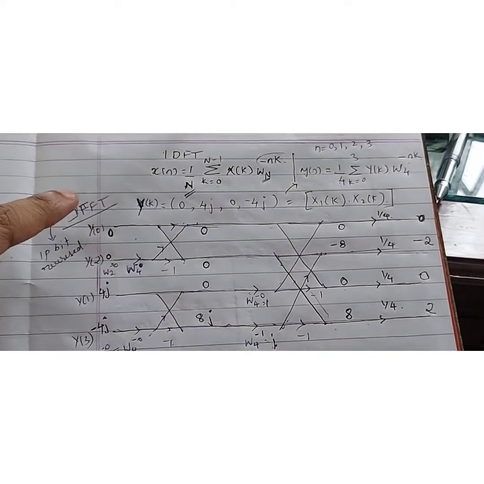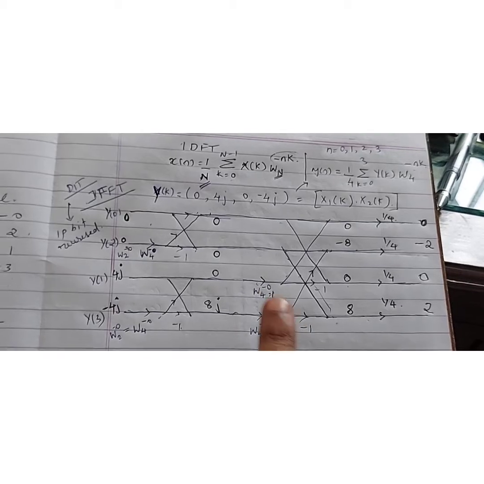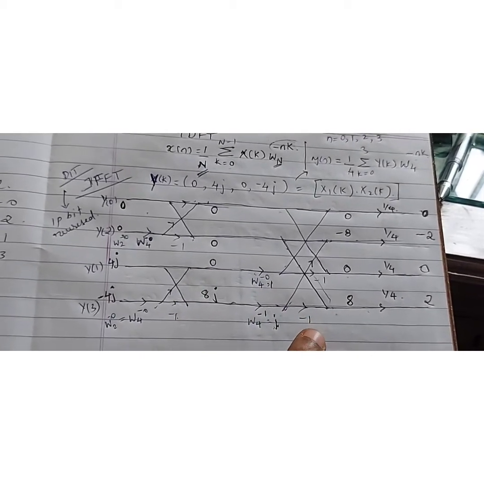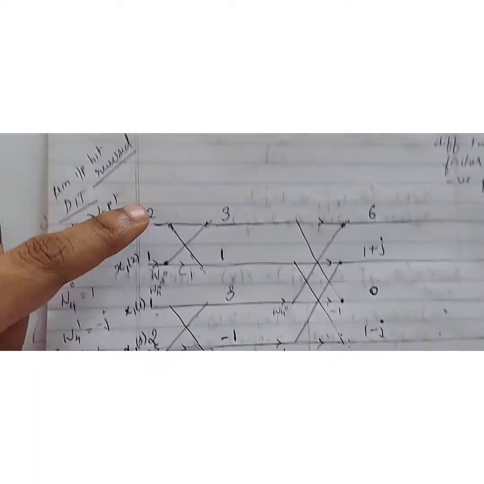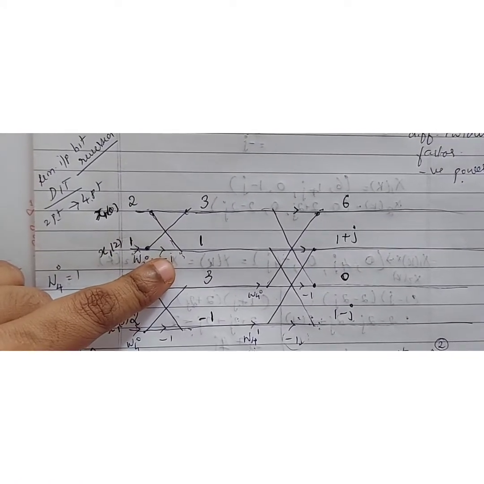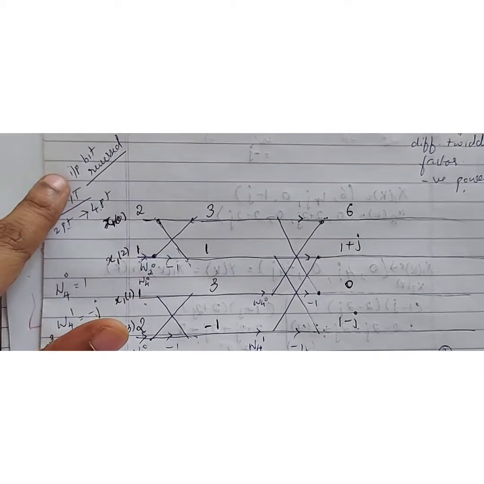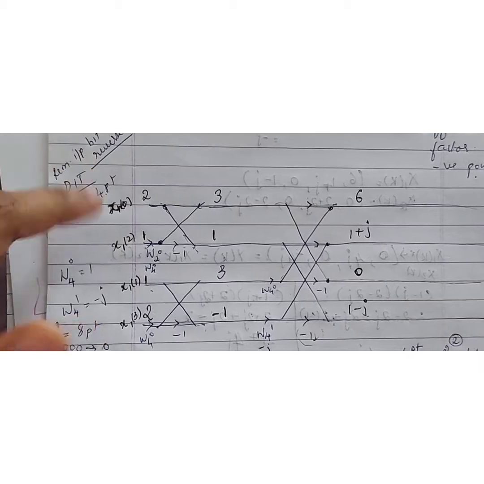So basically, even in the exam, they could simply give you a sequence and ask you to find the IFFT using DIT or DIF method. Or they could give you a problem like this. A 4-point sequence is given to you and they ask you to find a 4-point DFT of the sequence using DIT FFT radix 2 algorithm, or DIF also could be used.